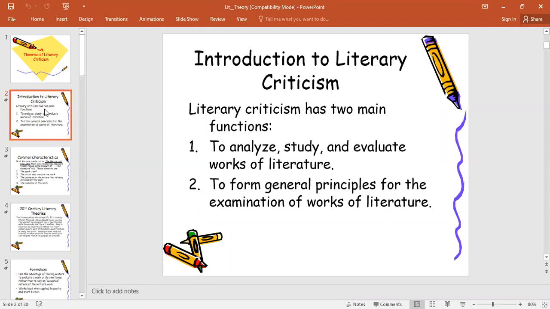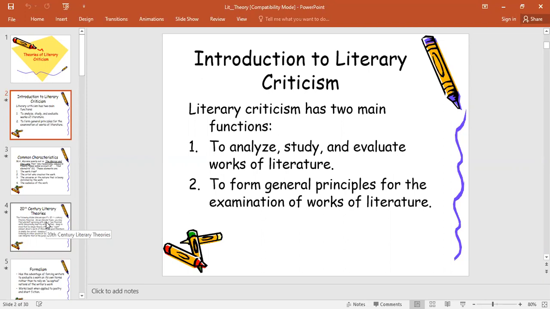It means that whenever we have any piece of literature, we will have to look at it, especially in the light of these three aspects. Number one, to analyze it, to study, and to evaluate it. And number two, to form general principles for examination of works of literature.